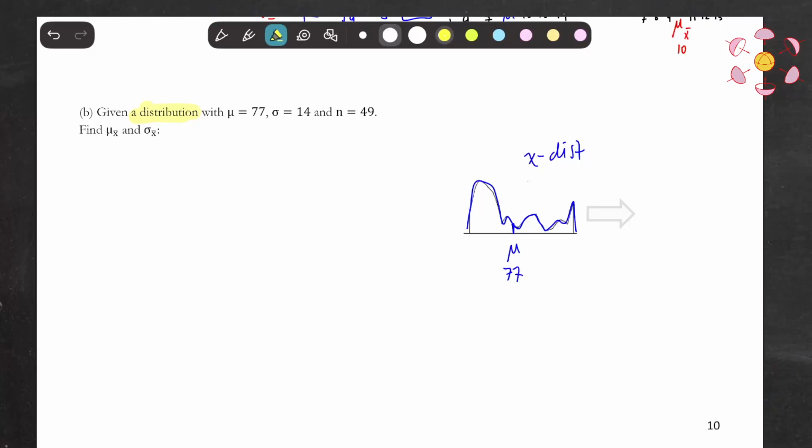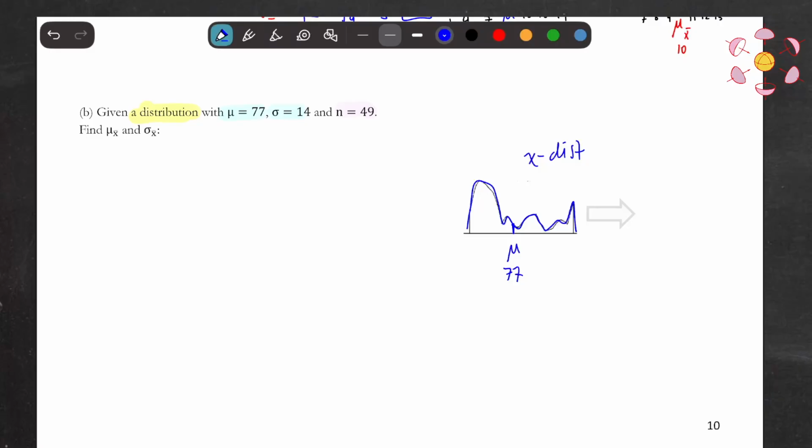That's the info they're telling us. And the standard deviation is 14. It's a pretty big standard deviation, which we can see from this picture. There's a lot of variation in this data. 49 is our sample size. So the question is, what is the X bar distribution?